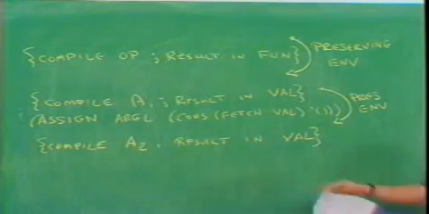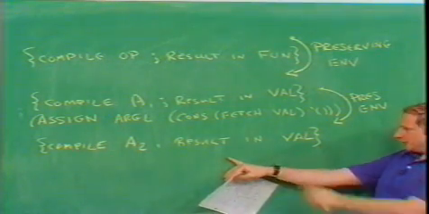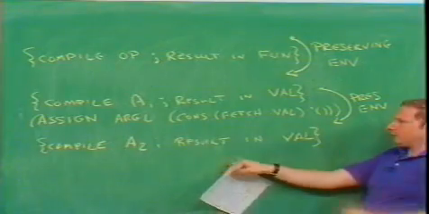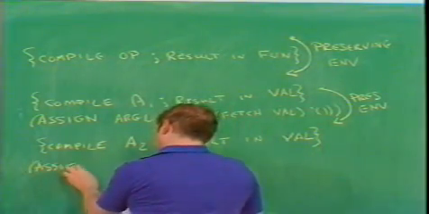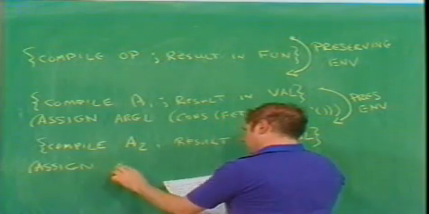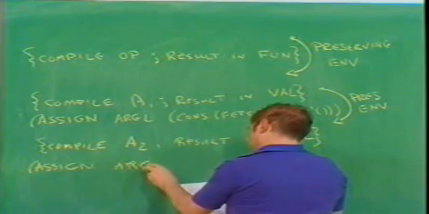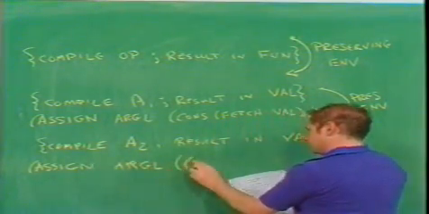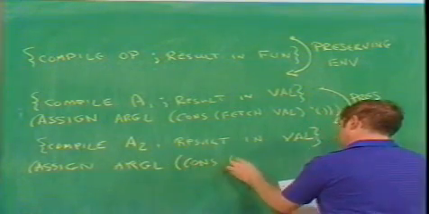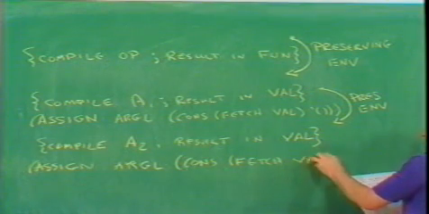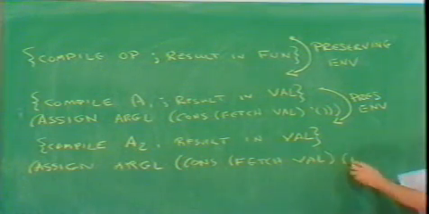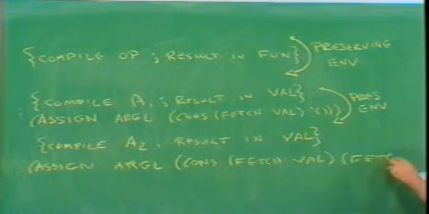And then it'll generate the literal instruction building up the argument list. So it'll say assign to argl const of the new value it just got onto the old argument list.